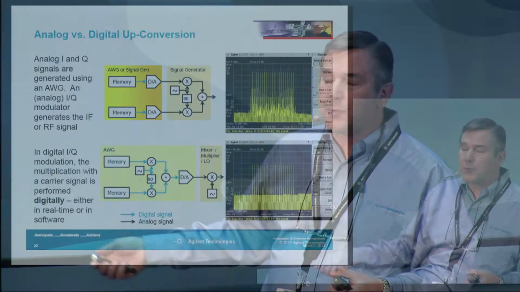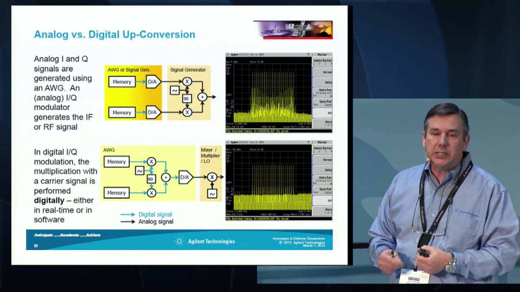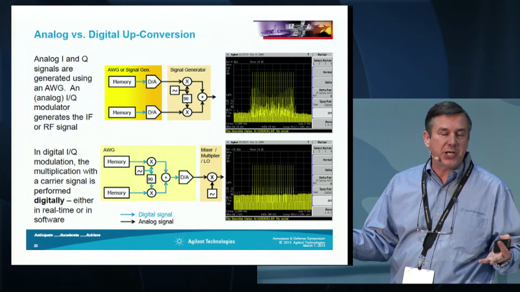When you do the modulation in a digital method, classically that could be done in the IQ waveform. So you do a little bit of extra math in the software, and then instead of creating two waveforms with I and Q, you basically create an IF waveform, with frequency and magnitude, that you can load directly into an arbitrary waveform generator.